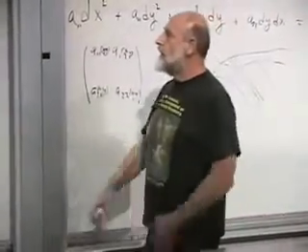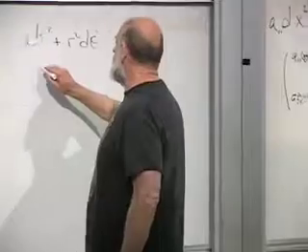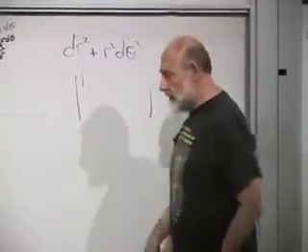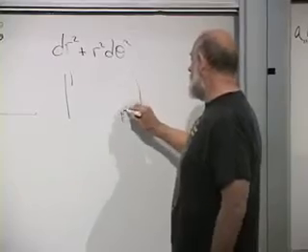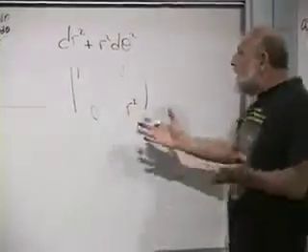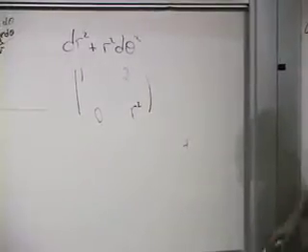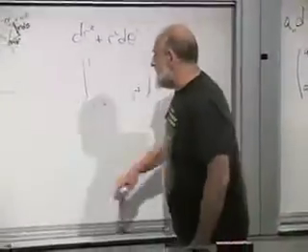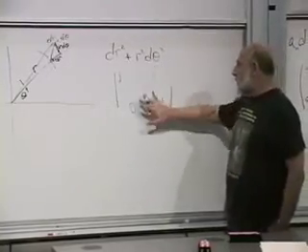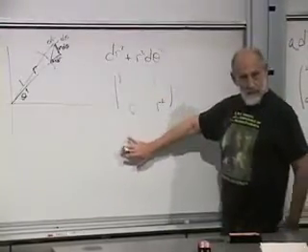And so now we have a metric which we can display in matrix form: 1 over here, r squared over here, multiplying d theta squared, and 0, 0. So here's a simple example of a coordinate system where the flat blackboard is displayed with a metric which is not constant everywhere.